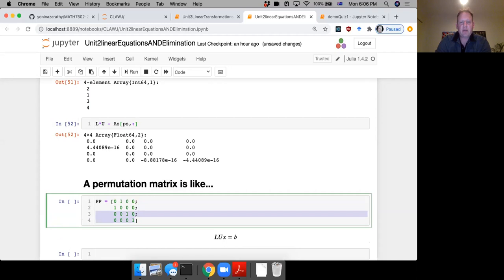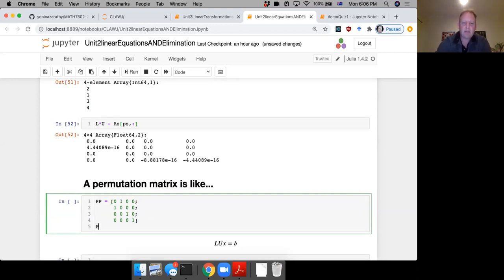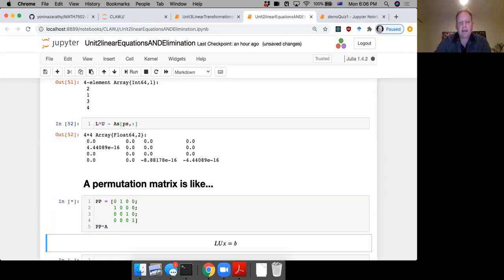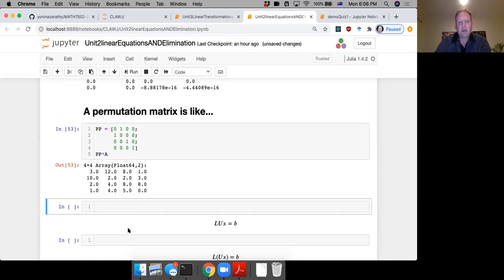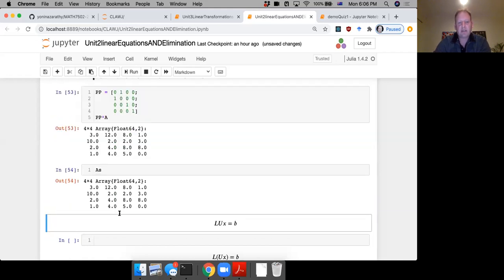Look, the lower two rows look just like the identity matrix, but the upper two rows say to switch the first two rows. So it's a permutation matrix matching this permutation. If I multiply this permutation matrix times the matrix A, it gives me the matrix AS, the switched one.